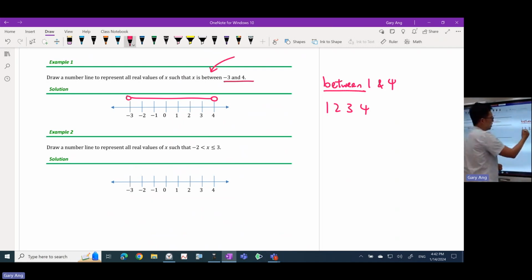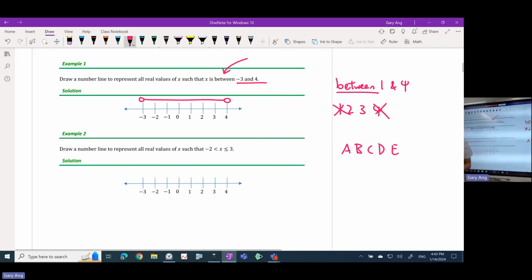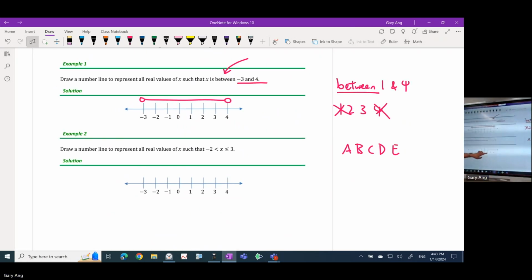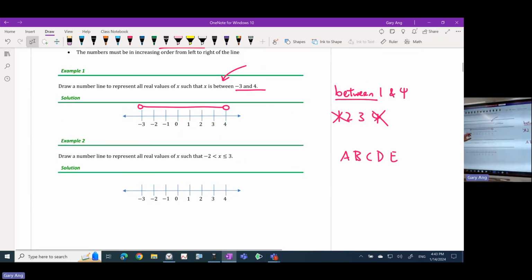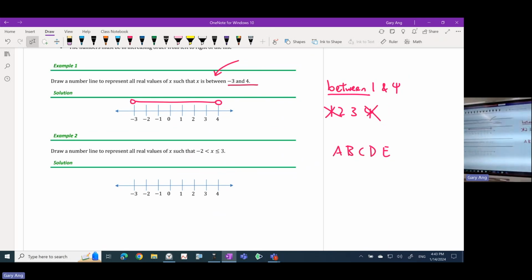When you use the word between, you exclude the 1 and the 4. Literally exclude, because between, you must be really in between. Similarly, when you talk about A, B, C, D, E, the letters between A and E are B, C, D. You don't include the A, you don't include the E because it's between. Clear? It's an English thing, but you have to understand what it means by between.